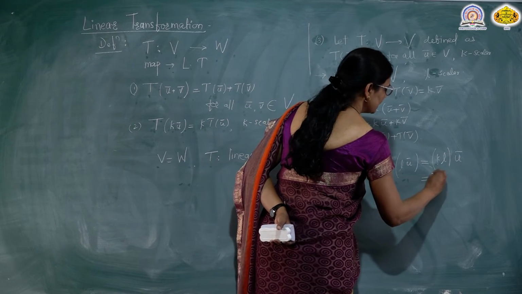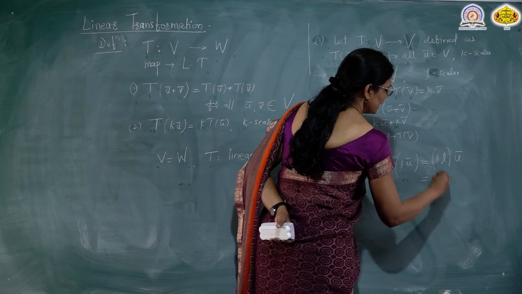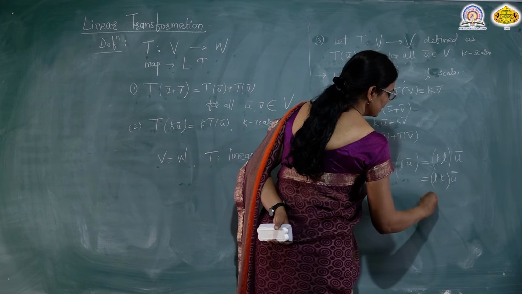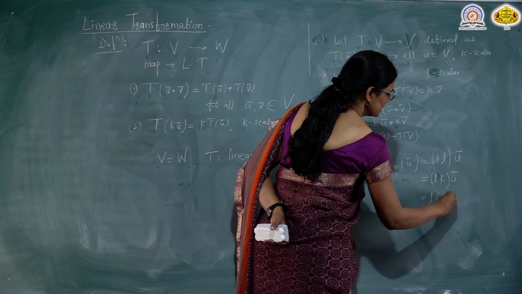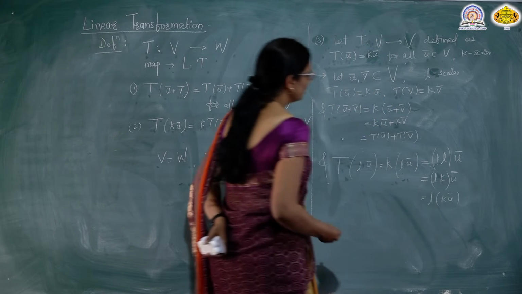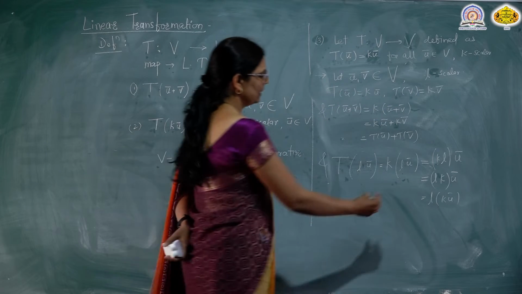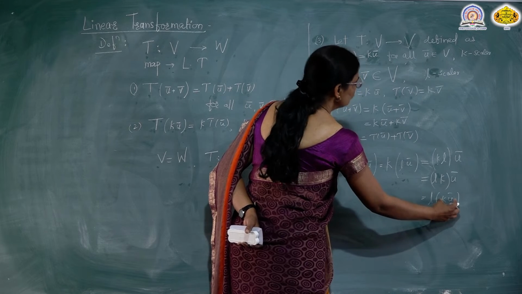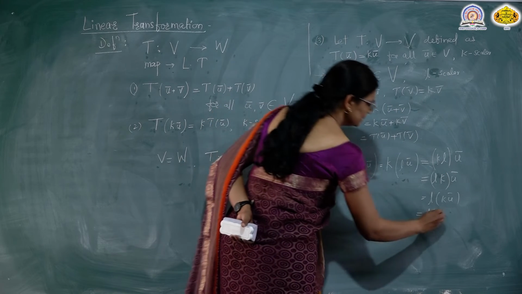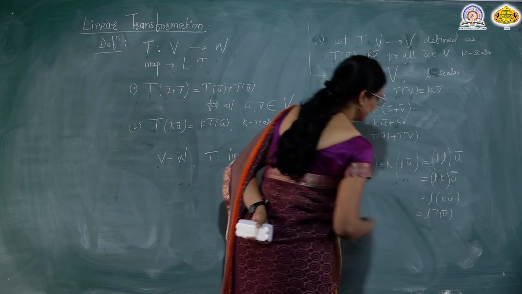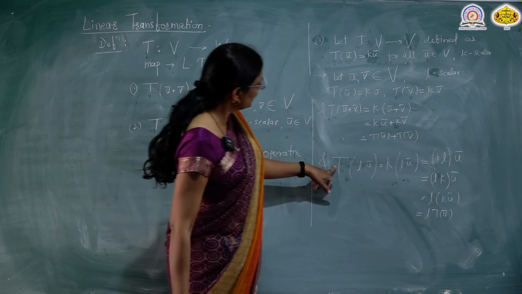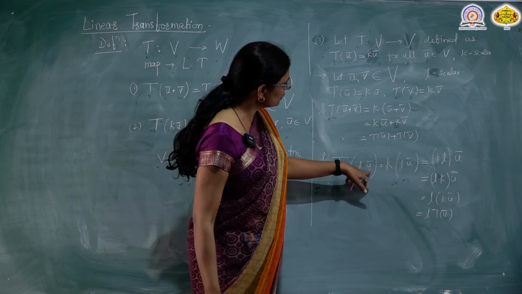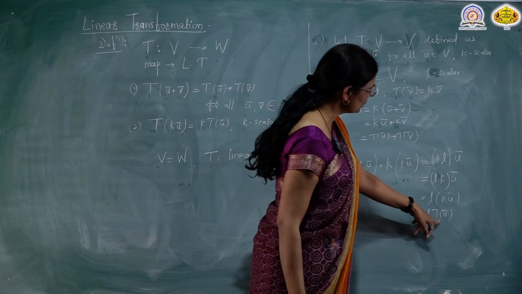So this can be written as L times K U bar, and K U bar is nothing but T of U bar. So thus T of K L times U bar is the same as L times T U bar.